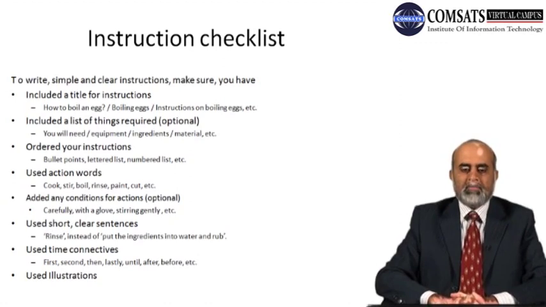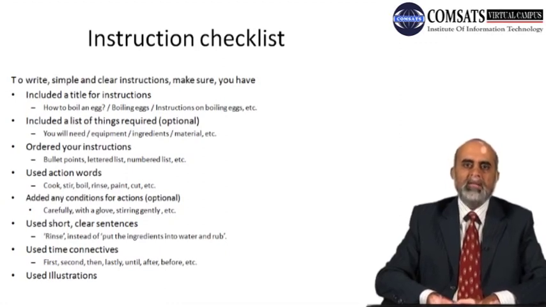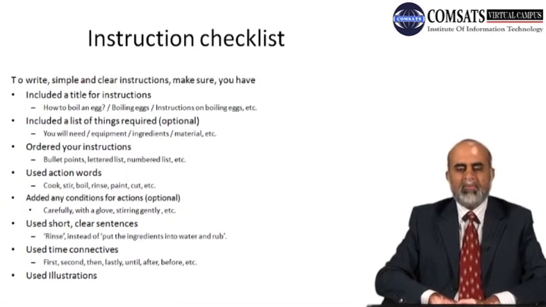Okay, then make sure that you have included a list of things required. But this is optional, as we learned earlier that for making a cup of tea, we need to know what things are required. But for tying a bow tie, probably it is quite obvious that we require a tie.